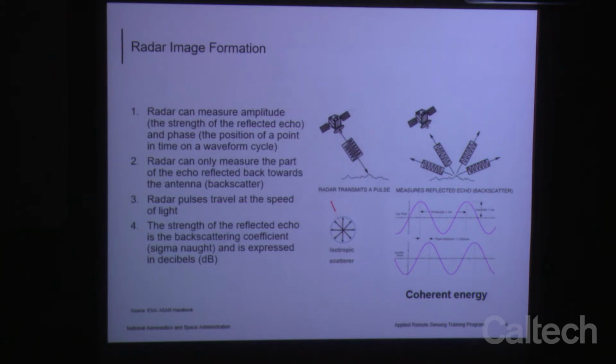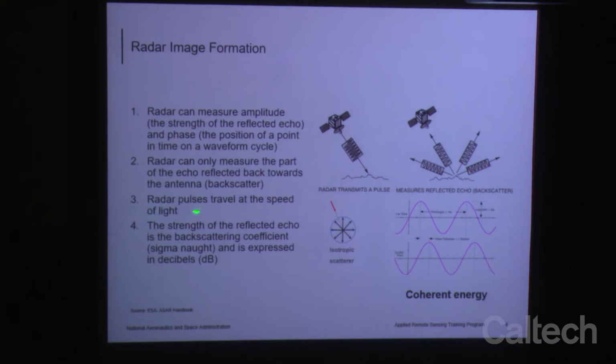This is the case for what we call a monostatic radar, meaning the same radar transmits and receives energy for imaging, and we call that backscatter because it's energy scattered back. So a monostatic radar, the typical imaging radars we have in space, can only measure the part of the echo reflected back toward the sensor.